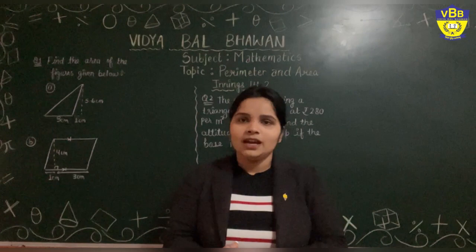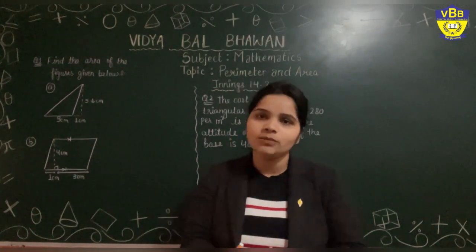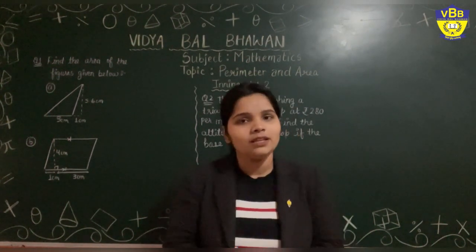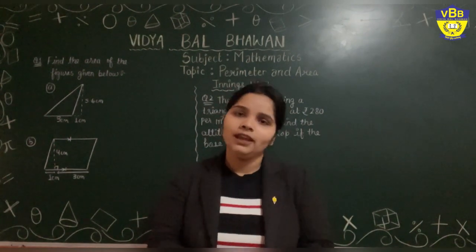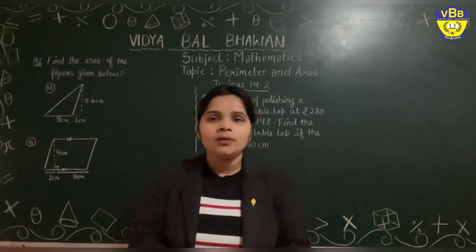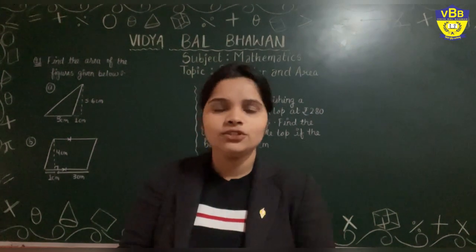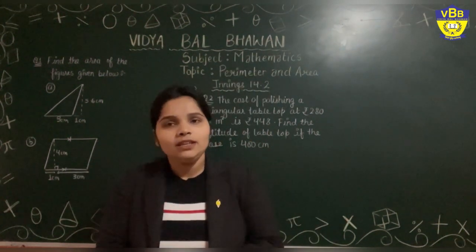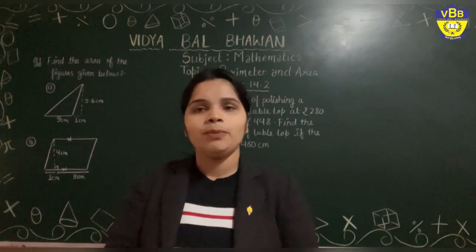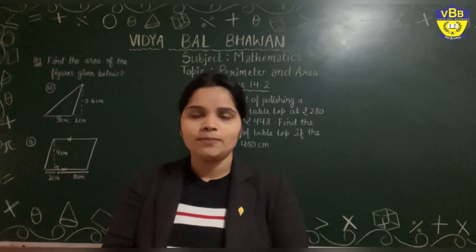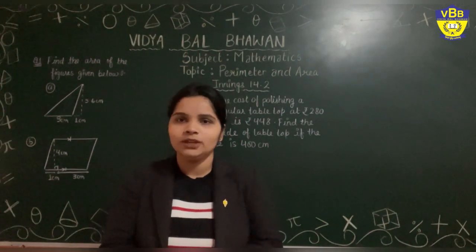So, in today's class, we will solve some questions related to the area of a parallelogram and the area of a triangle. Before solving the questions, we should remember the areas of both figures. What is the area of a parallelogram?